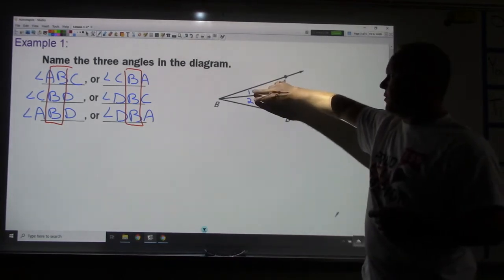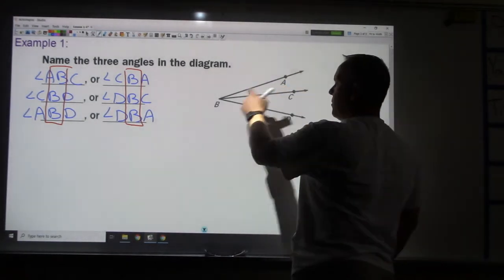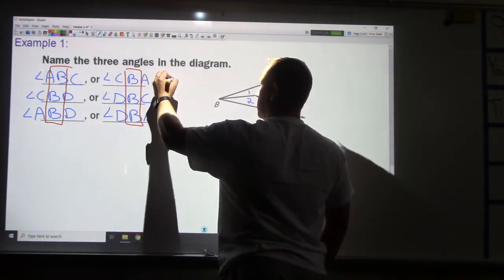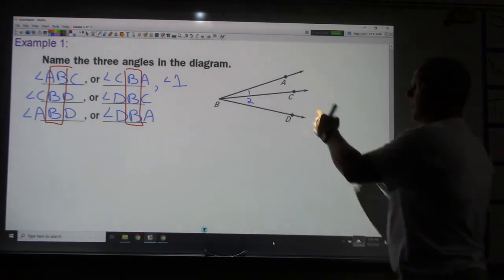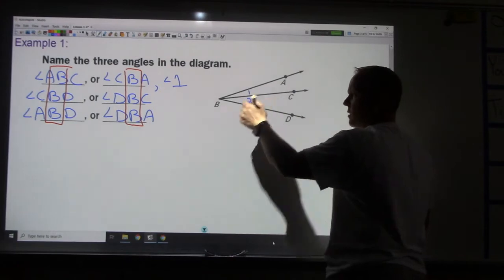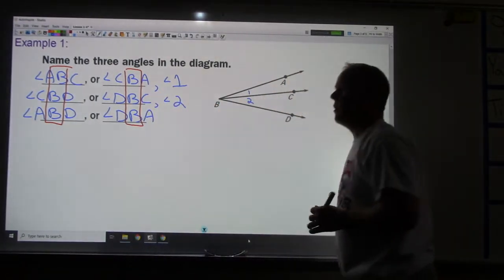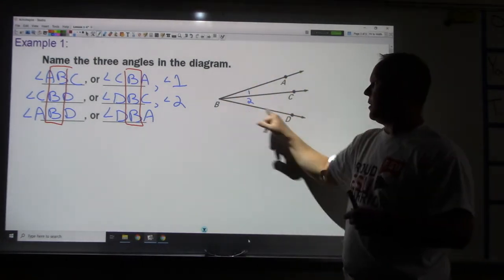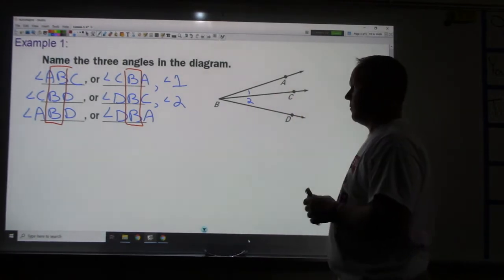If you see the little numbers shoved down here in the vertex, angle ABC can now be referred to as angle 1. Angle CBD can now be referred to as angle 2. There is no way for me to do a number method though for the big angle ABD, because I can't put an angle in just that vertex itself.